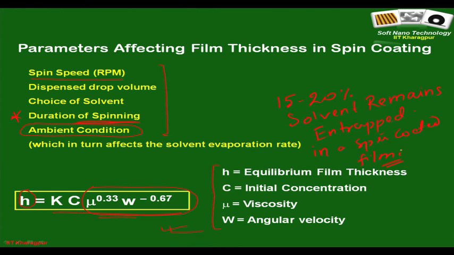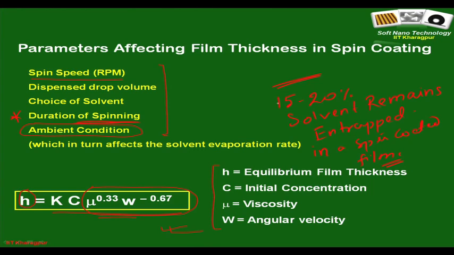This effect is more pronounced in polymers because you have long chain molecules and they remain in an entangled state, and due to capillary effect and capillary adhesion, a lot of solvent molecules remain entrapped within these cages. So, even after your spin coating process is over, you need to worry about this remnant solvent.